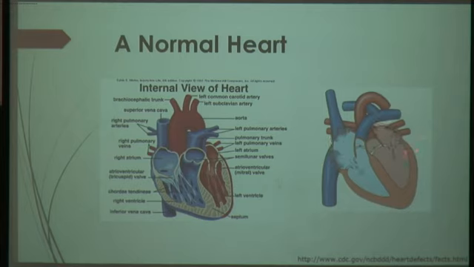Then to the left heart, the oxygenated blood goes into the left atrium, and then through this valve into the left ventricle. From the left ventricle, it goes to the aorta and to all parts of the body to make sure they have enough oxygen to metabolize.